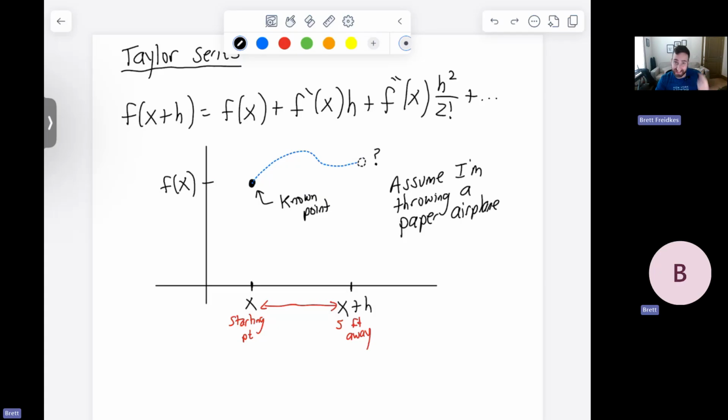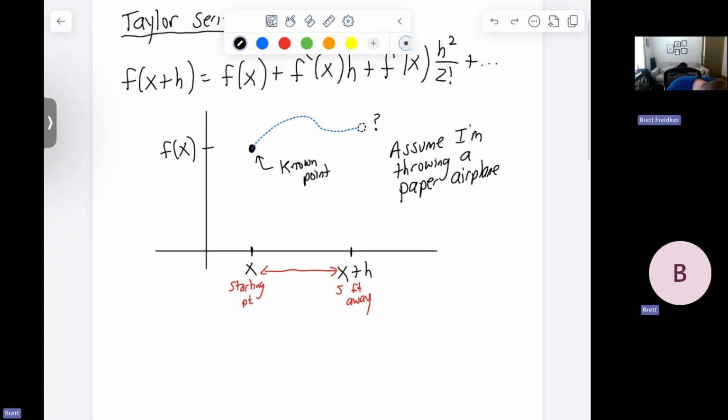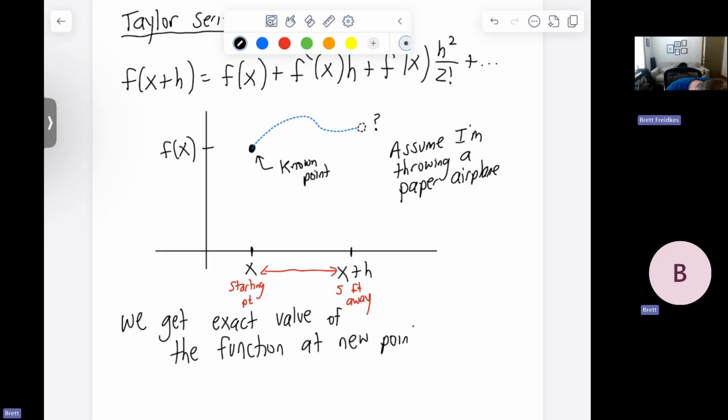And we will get the exact value of the function at the new point, which again is f of x plus h. That's the value of the function f of x plus h at the new point, which is x plus h.